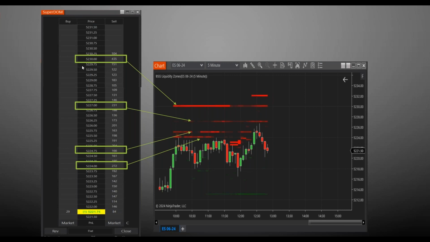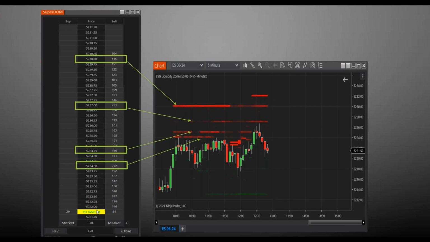If you open the super DOM, you can see all the prices, and at each price point all the pending limit orders. But you can't really make it effective. By the time you try to analyze it, the numbers are changing very, very fast.